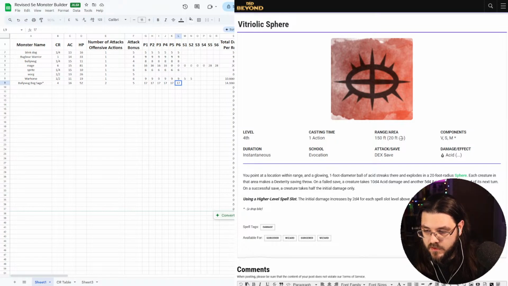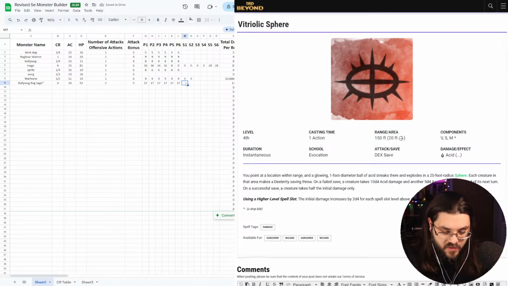It takes another at the end of its next turn. Oh, successful save. Yeah, so I've immediately forgotten what number I came up with then. 2.5 times 5 plus 25, right? It's 37.5. So it's going to do that once.